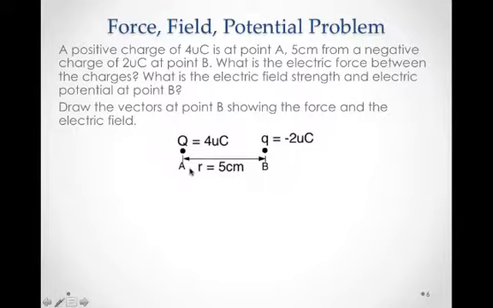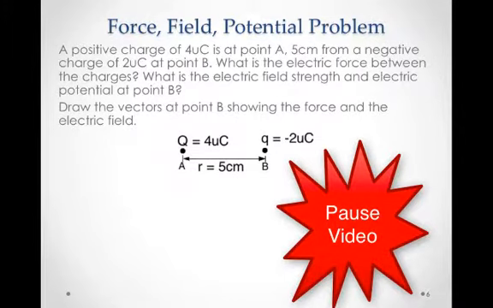Why don't you give it a try? And also draw the vectors at point B showing the electric force and the electric field. Give this a shot, and after you're done, come on back and see how you did.